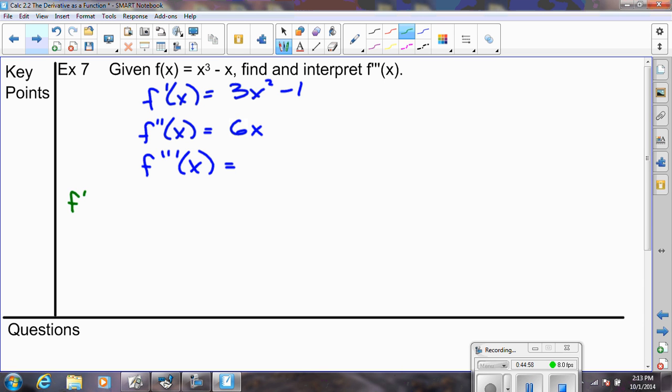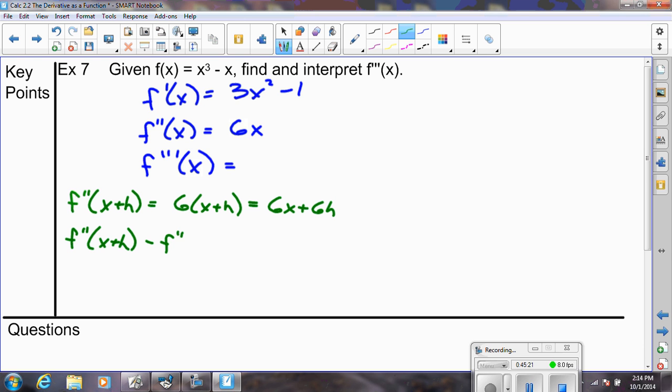f triple prime. f double prime of x plus h is 6 times (x plus h), which is of course 6x plus 6h. So when we take f double prime of x plus h minus f double prime of x, we get 6x plus 6h minus 6x, which just cancels, giving us 6h.